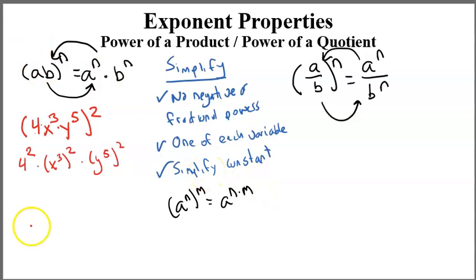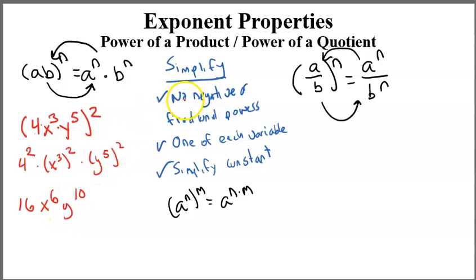So in this case, 4 squared, we'll make that 16. x cubed squared, so 3 times 2 is 6, so I get x to the 6th. Think about it: x cubed squared is x cubed times x cubed. I have 3 x's and 3 x's, that makes 6 x's. And y to the fifth squared, so 5 times 2 is 10.